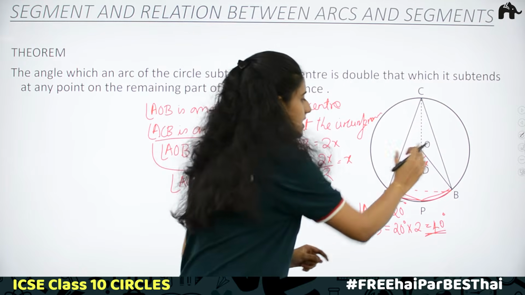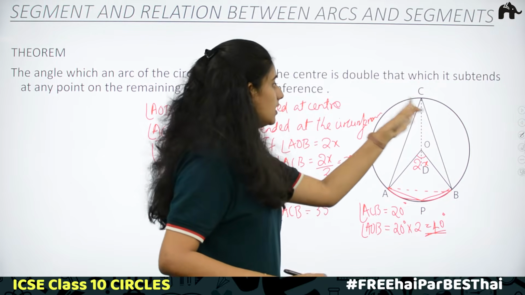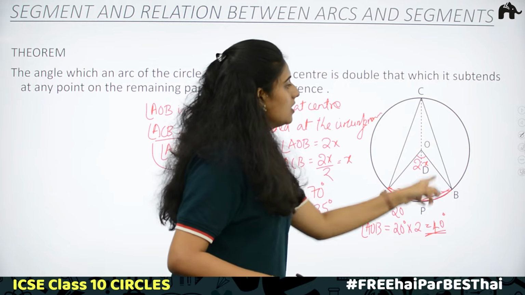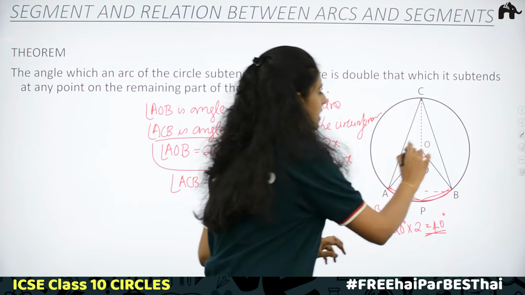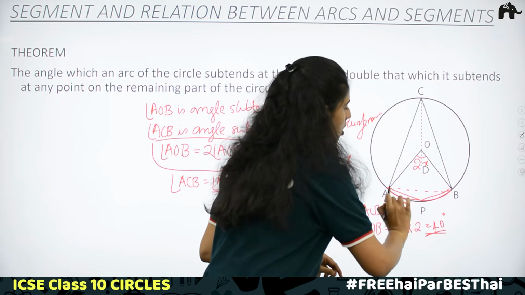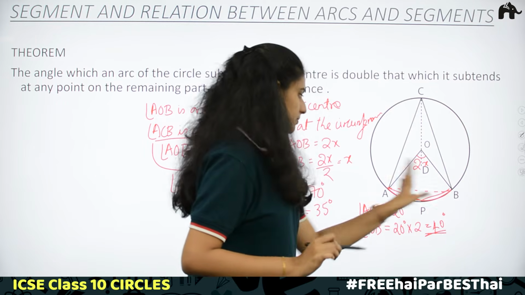So, if the central angle is given, we can find the angle which the same arc subtends on the circumference, and if the angle subtended on the circle is given, you can find the central angle for the same chord. Remember, the chord should be the same. Here AB is the chord or the arc APB.